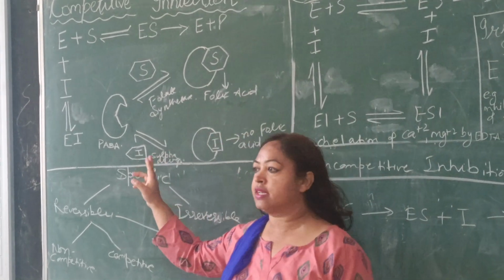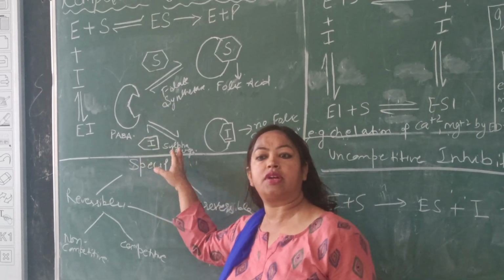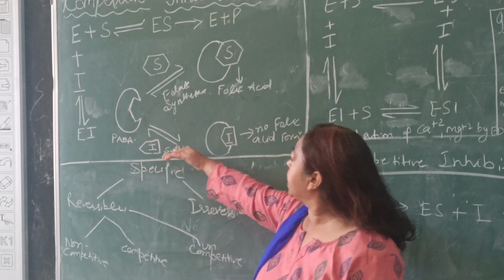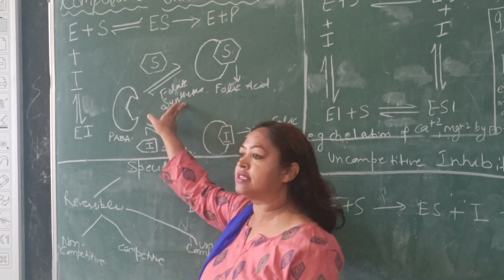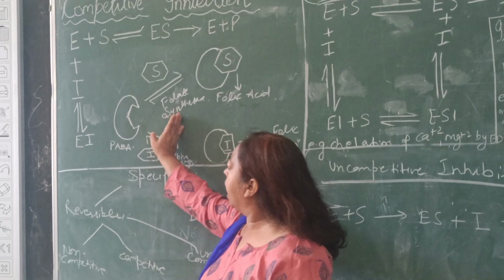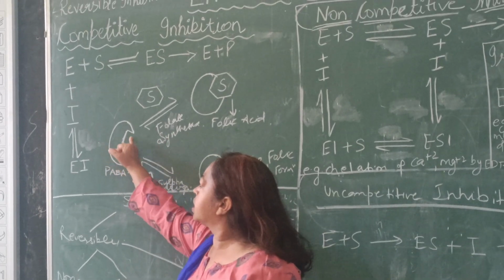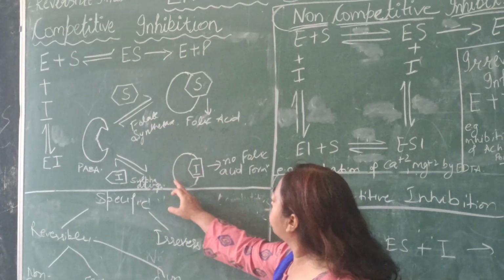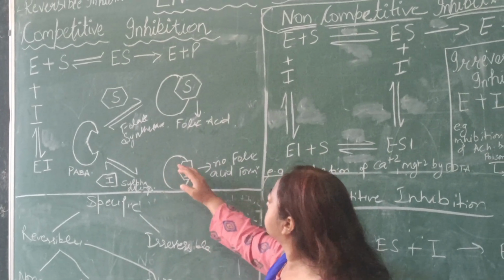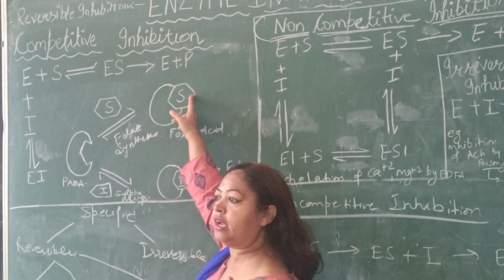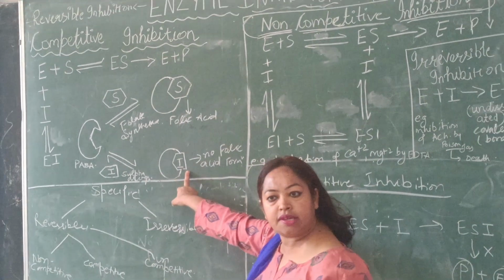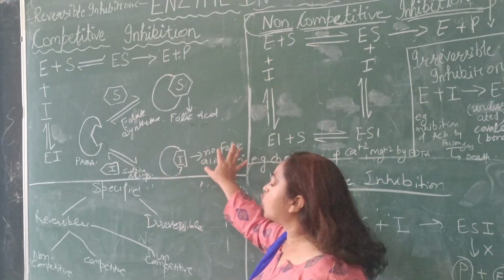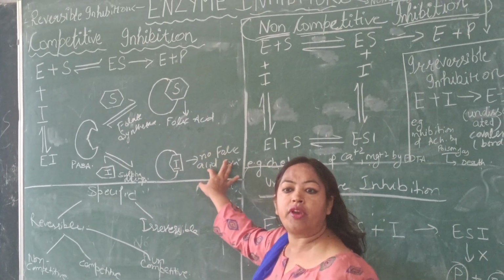But what happens here is the inhibitors, which are sulfonamides or sulfa drugs, compete with the active site of this folate synthetase enzyme, so that they form a complex which is the same as the substrate complex. But in the enzyme inhibitor complex, there is no product formation, so no folic acid formation.